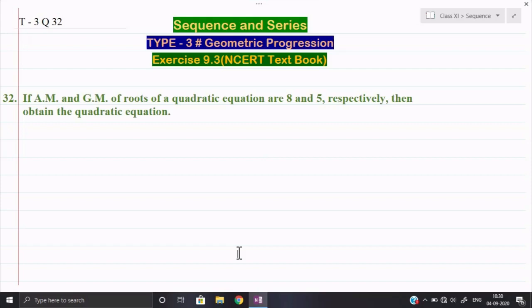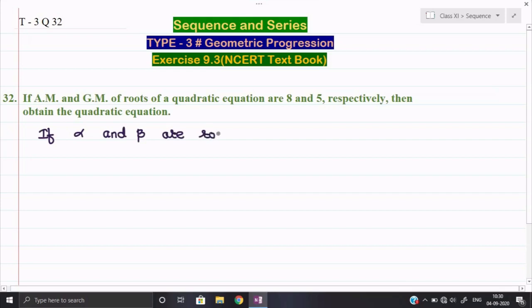So suppose I am writing the part of class 10th: alpha and beta are roots of a quadratic equation. If I want to find the equation, how can we give the equation?